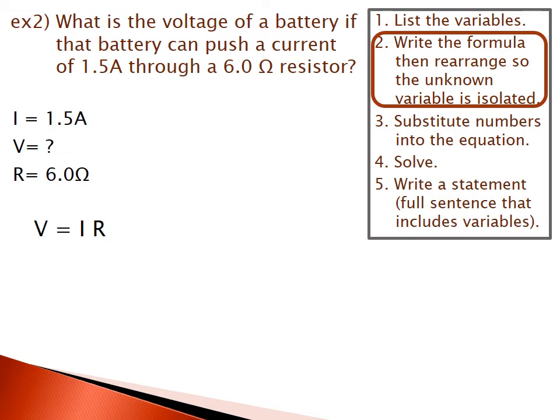Now that my variable list is complete, I write the formula, then rearrange so the unknown variable is isolated. So the equation for all these questions is V equals I multiplied by R. Now what do I do to get V by itself? Well, that's a trick question because V is already by itself.